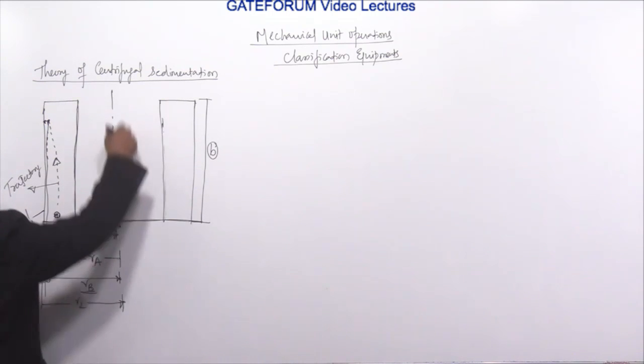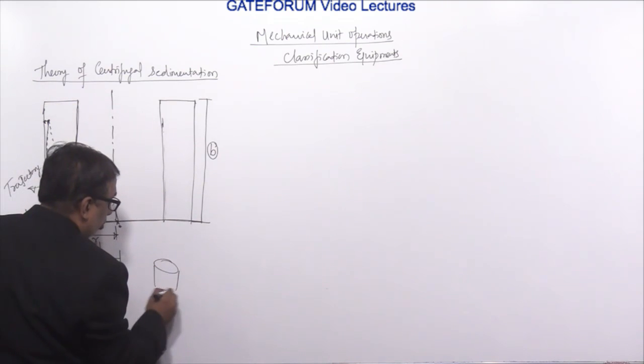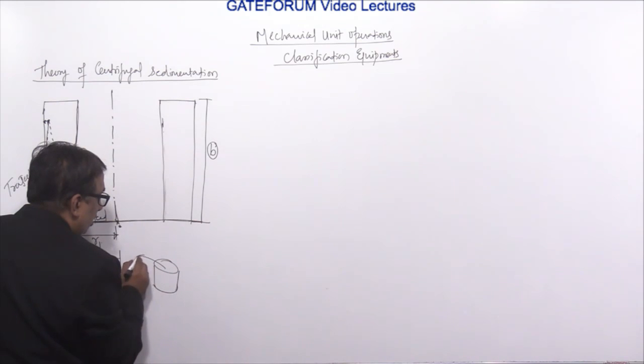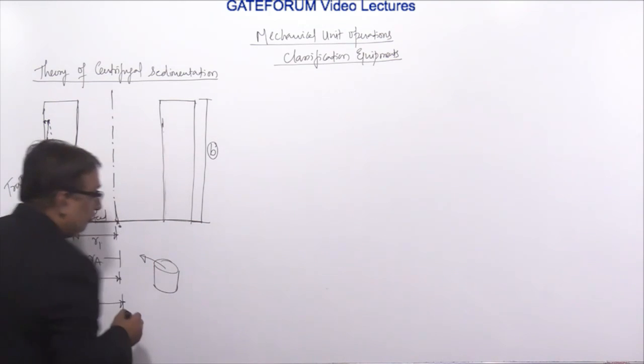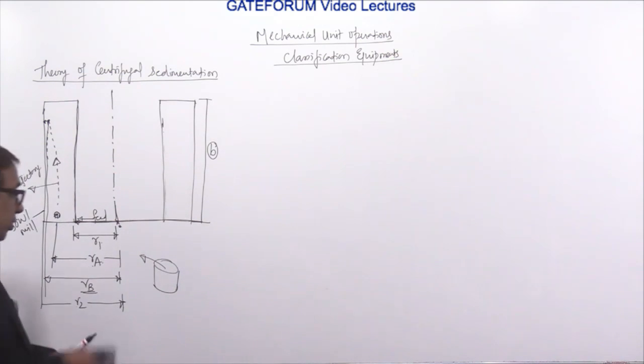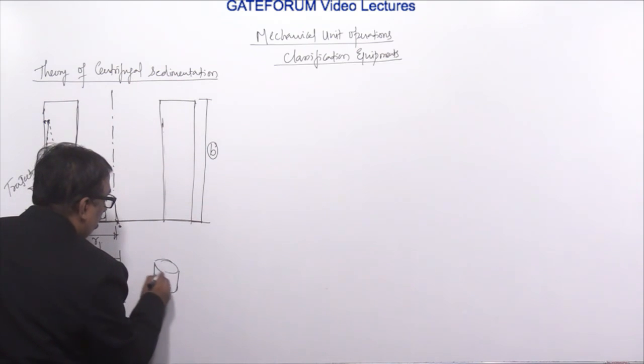This is an open one, as I told you. If you rotate it fast, there is a chance that the particles may spill out of it. The particles should not go out, only the liquid may go out. The particle should strike the wall.